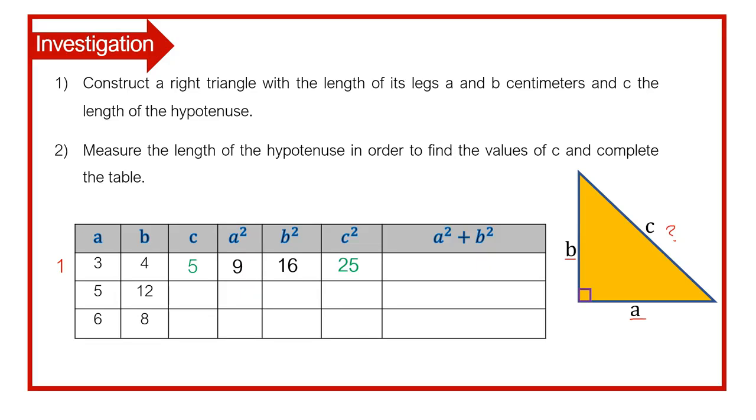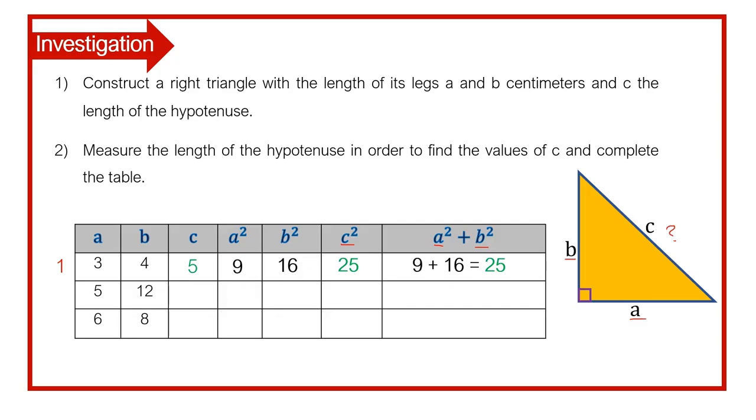After that, get A squared plus B squared. A squared is 9 and B squared is 16. So we get 9 plus 16, which is equal to 25. Now note that when we get A squared plus B squared, we are getting C squared.